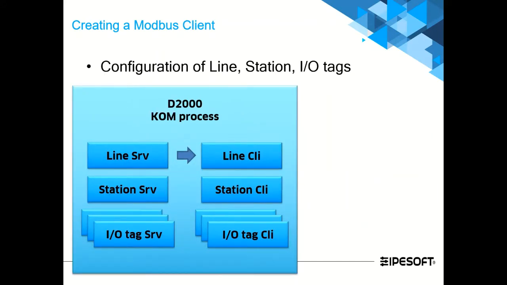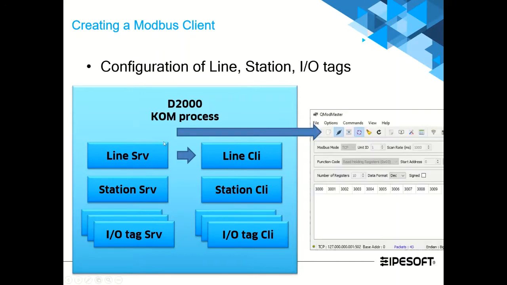Next, we will use CNF, the config tool, to manually create a communication line, a station, and IoTags, which will be communicating to our Modbus server. This way we will create a Modbus client communication. Values of the server IO tags will be read by our client IO tag.